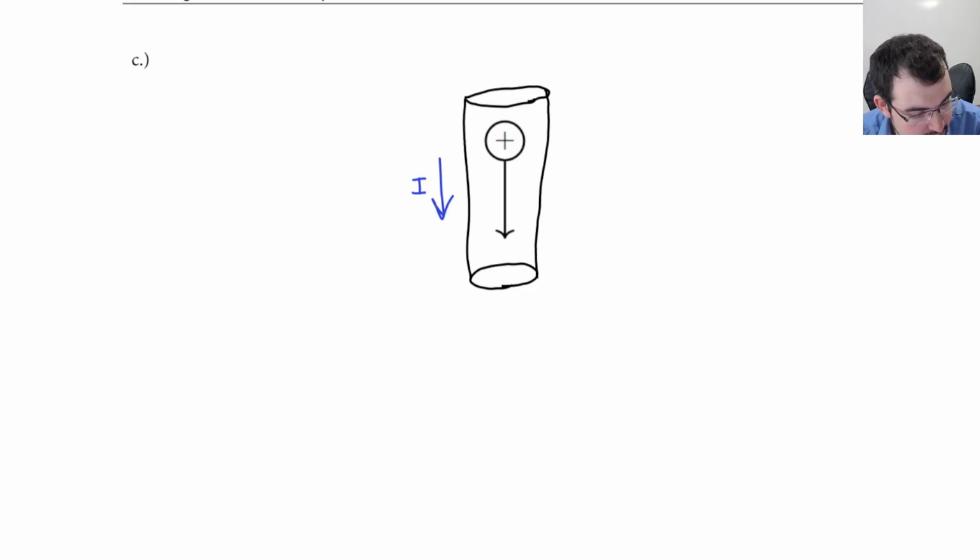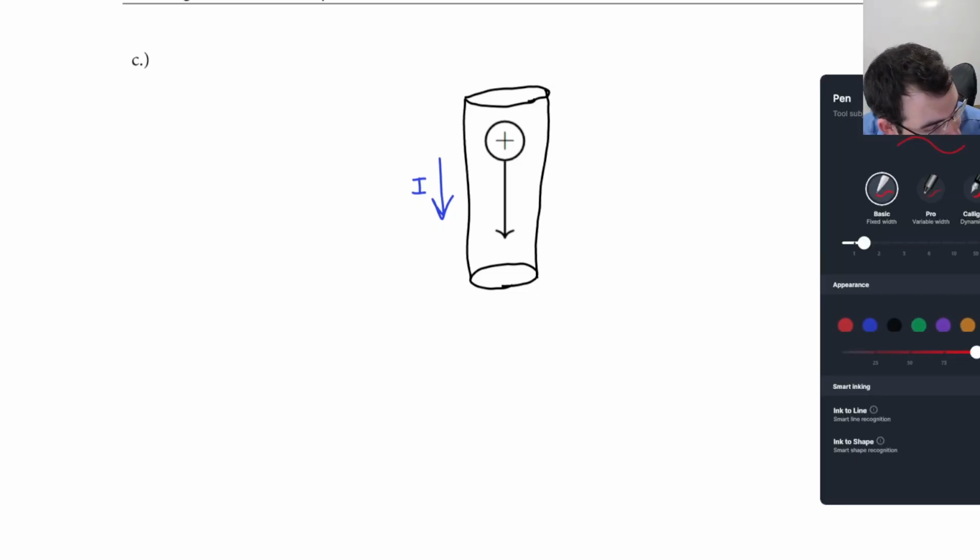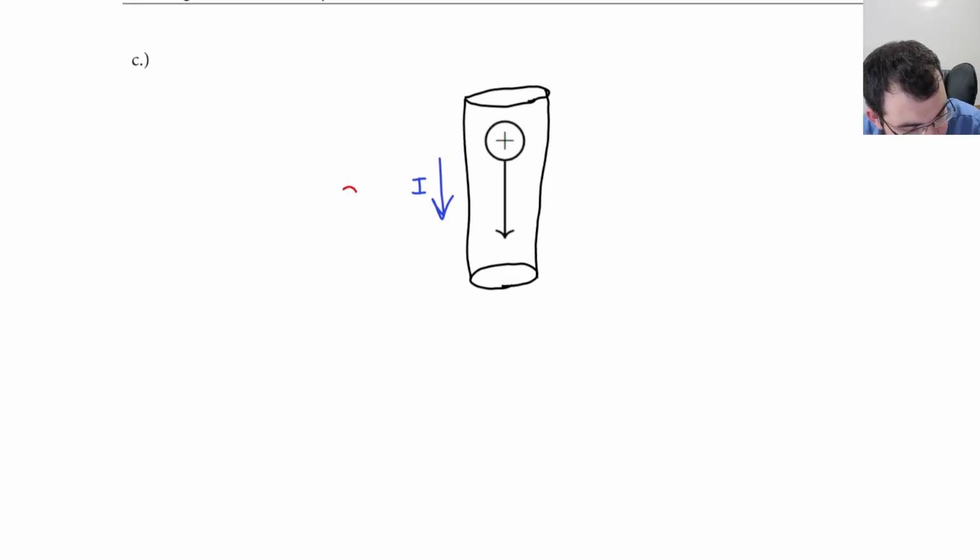So I is actually down. So if we do that, I stick my thumb down and notice that when I'm to the left of the wire, my fingers point into the screen, and then they come out of the screen when I'm to the right. So we get this.